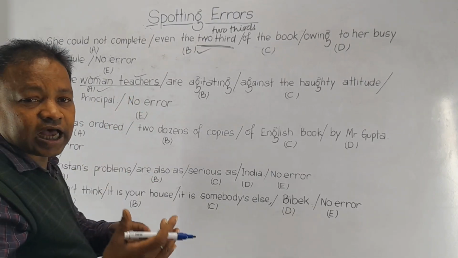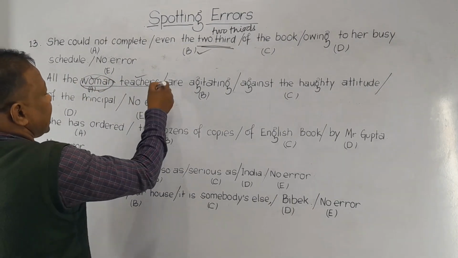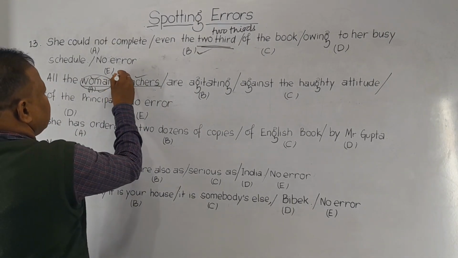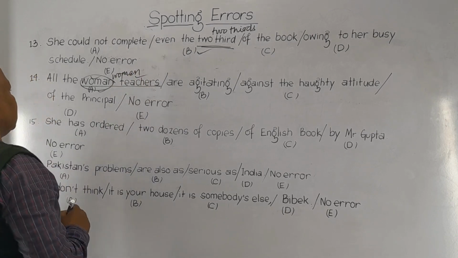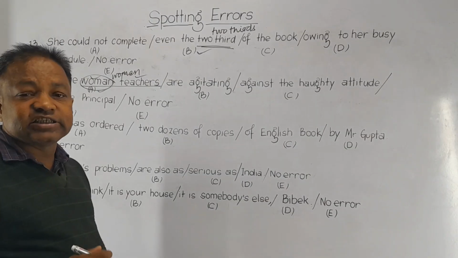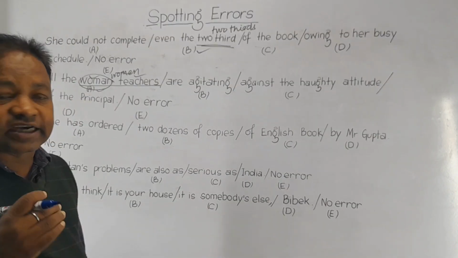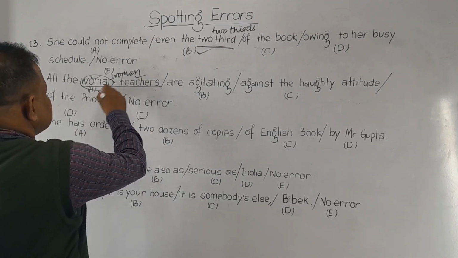Both the nouns have to be changed. So this has to be plural form, and this is in the plural form. So the correct answer is all the women teachers are agitating against the haughty attitude of the principal. Correct answer is in part A.